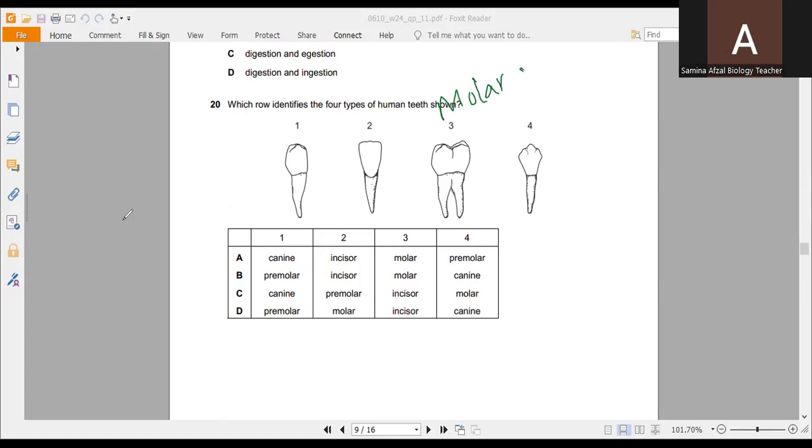They have roots more than 2, so they are molar only shown. 2 is incisor, because you can say it is wider. And 1 is premolar, and this pointed tooth is canine.